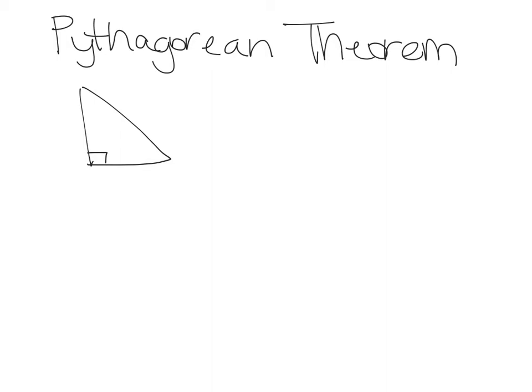Alright, the Pythagorean theorem says a squared plus b squared equals c squared. And the point of needing to have the Pythagorean theorem is so that if we have a right triangle and we know two of the sides of a right triangle, we would be able to find the third side that's missing by using the Pythagorean theorem.